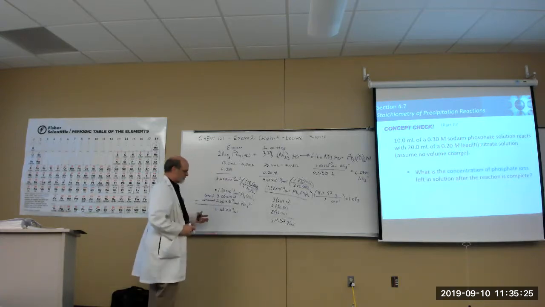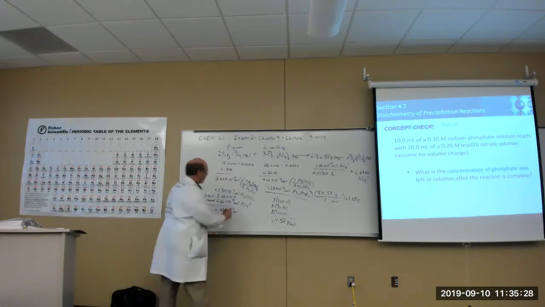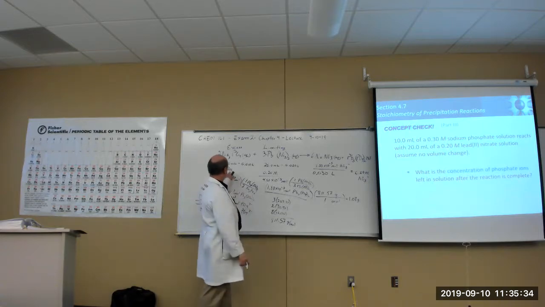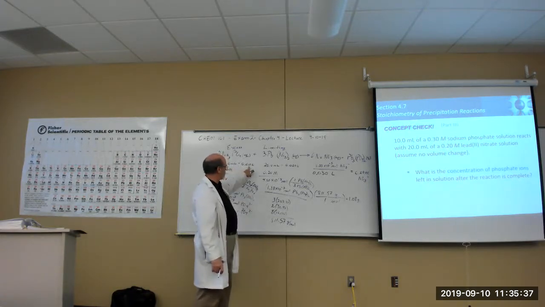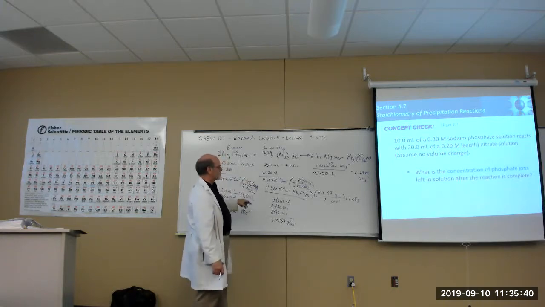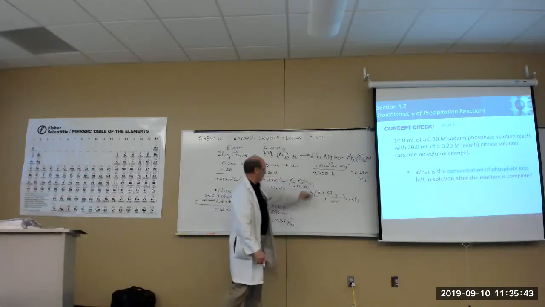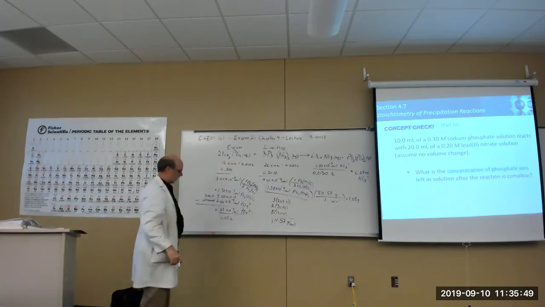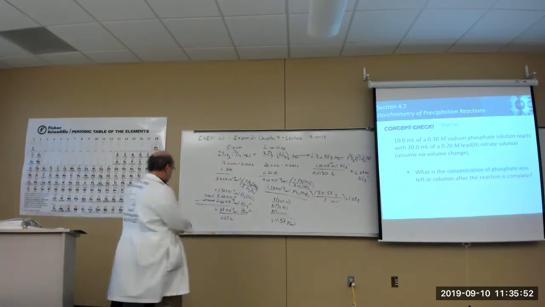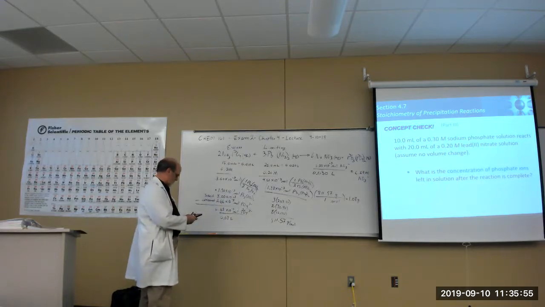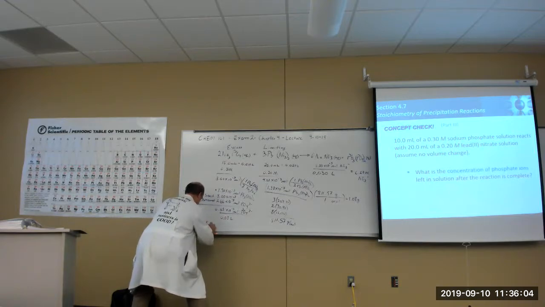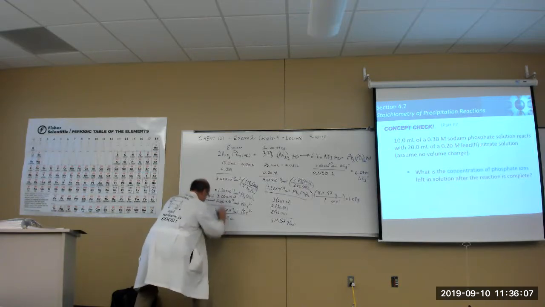So what's the concentration? Well, it's this many moles of phosphate in what solution? 0.03. Yeah, 0.03 liters. Okay, so if we do that division, we get 1.1 times 10 to the minus 2 molar.